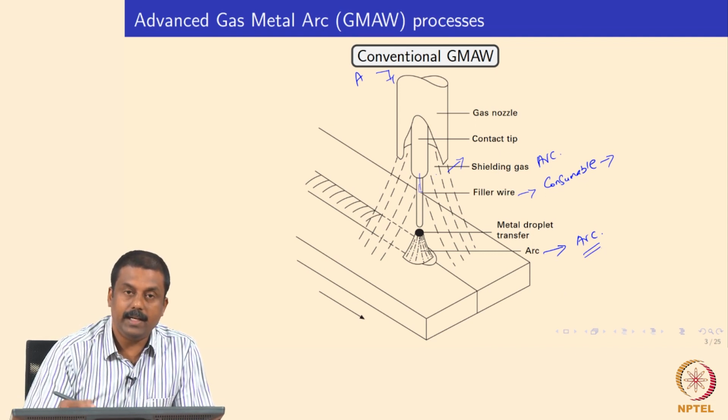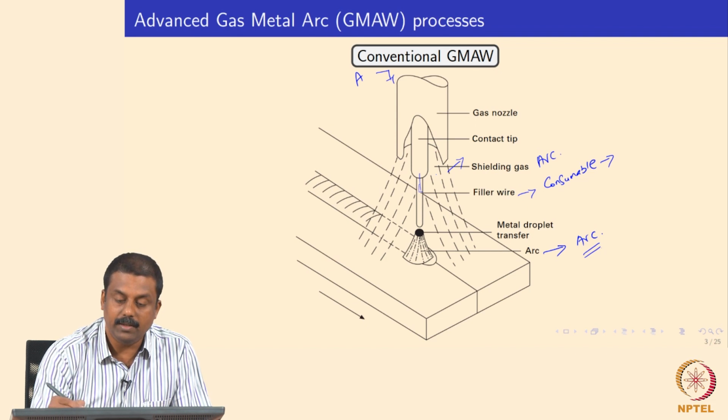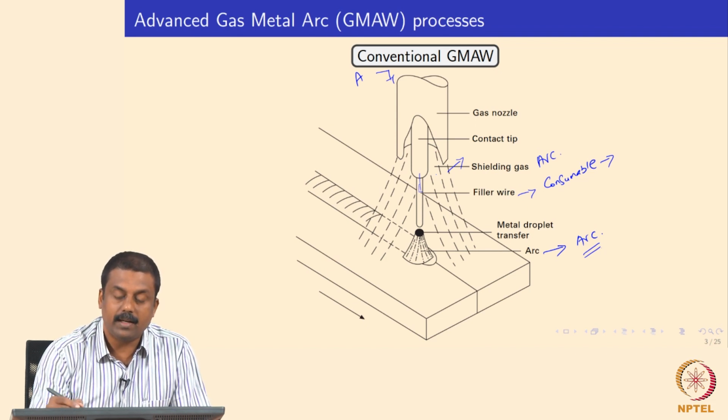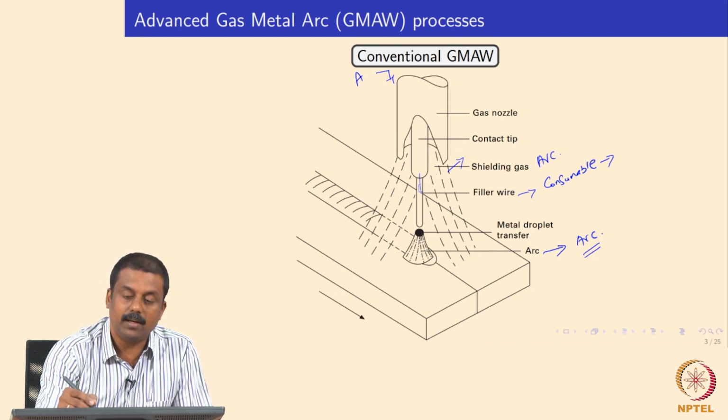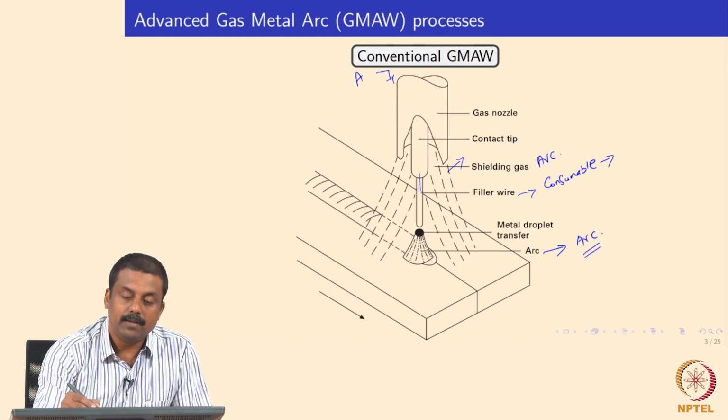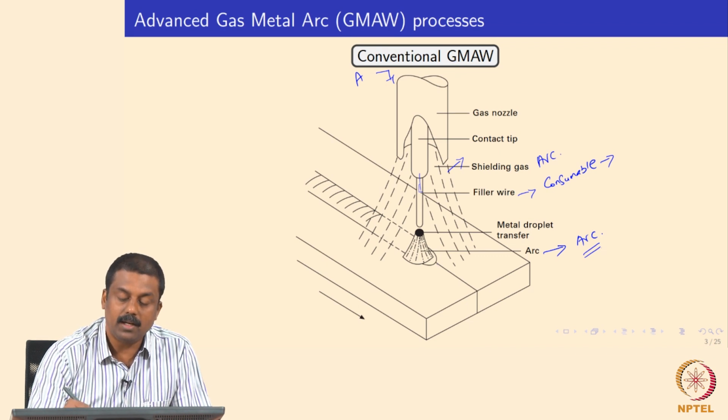We will see in detail in subsequent slides what the process parameters are that can significantly affect the welding process as well as the stability of the weld. So right now we can assume that in a gas metal arc welding process, we use a shielding gas to strike an arc between the consumable electrode and the workpiece.